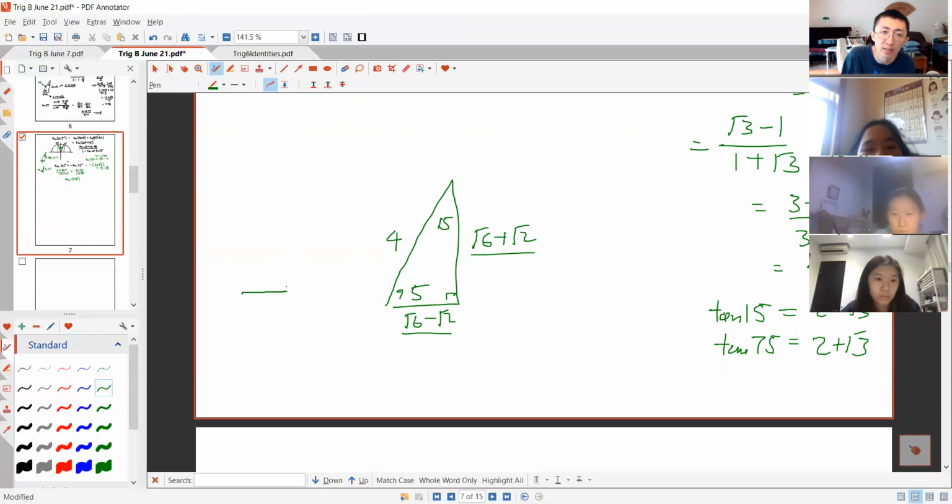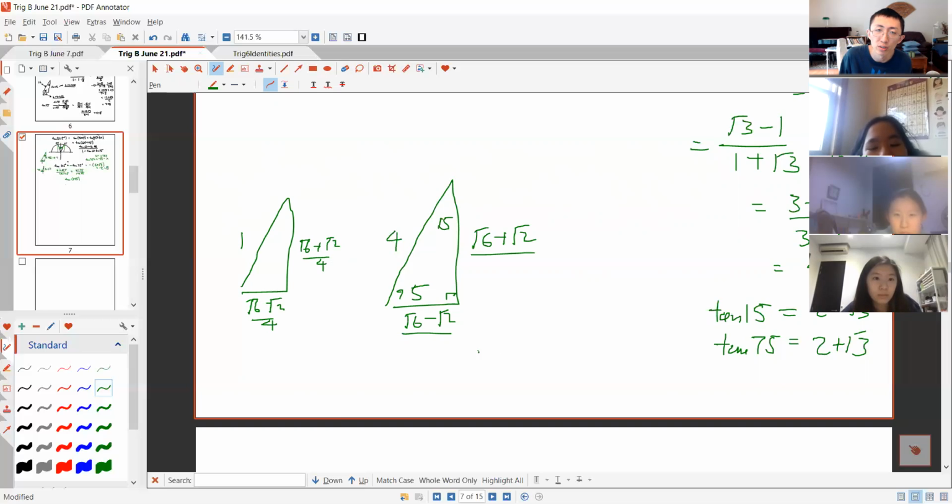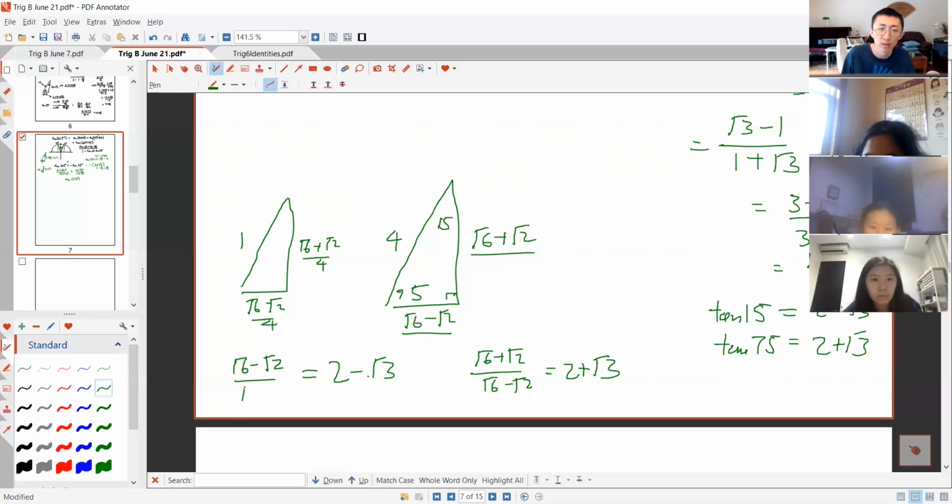Or you could scale it down by 4. If this is 1, this is root 6 minus root 2 over 4, and root 6 plus root 2 over 4. The ratio of the longer side to the shorter side turns out to be 2 plus root 3, and the other way around is 2 minus root 3. If you want to, you can memorize this. I have it memorized because it's useful for math competitions.